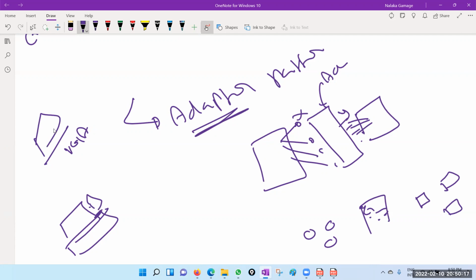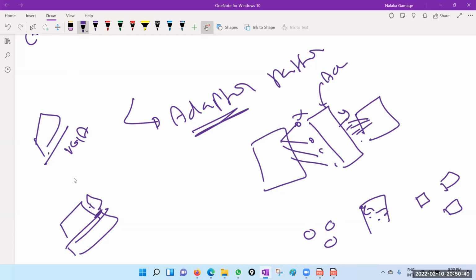You go to the hardware shop and buy an HDMI to VGA adapter. It will cost maybe 3,000, 4,000. I don't know the exact price because I have not bought it recently.